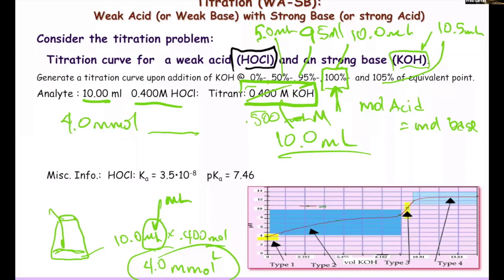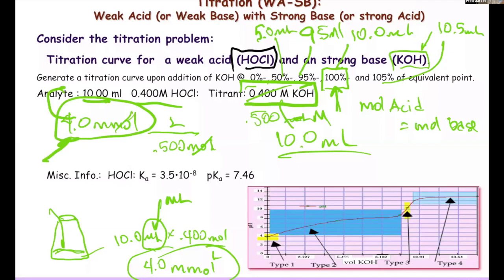I'm going to take 0.50 moles per liter, and then I can calculate the volume I will need to reach the equivalence point. Remember, in this case, the moles of the acid that you're titrating has to equal the moles of the base, so you just use that number because they're equal at the equivalence point.